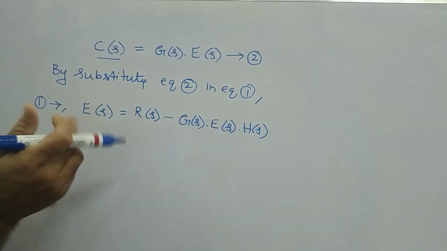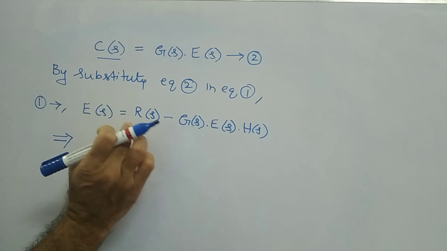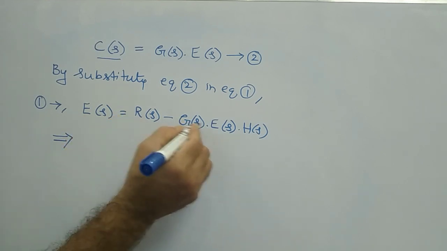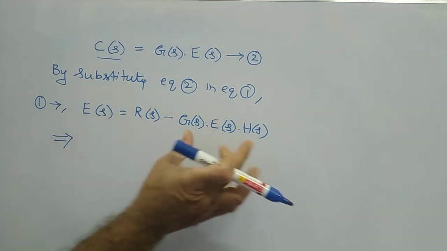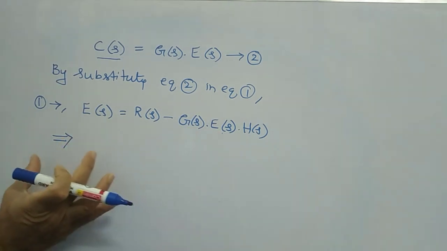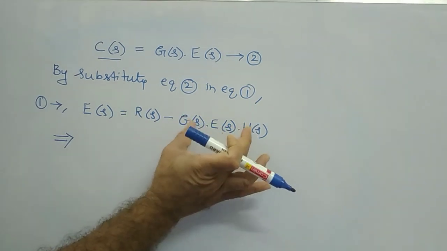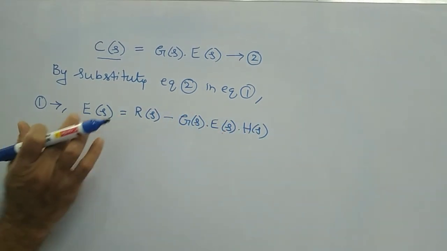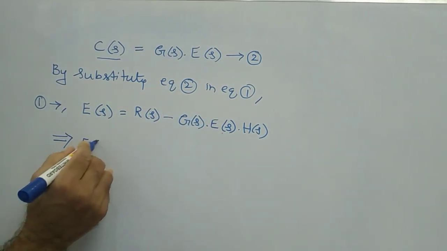Further, on the right side, R of s minus G of s into E of s into H of s is there. On the left side, E of s is there. If you bring this quantity to the left side, then E of s and again E of s, take E of s as common.